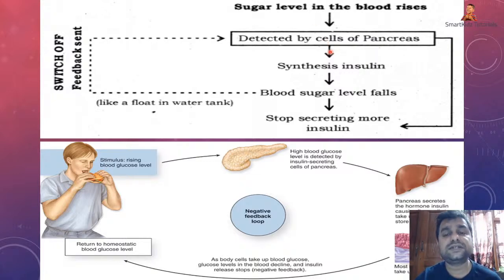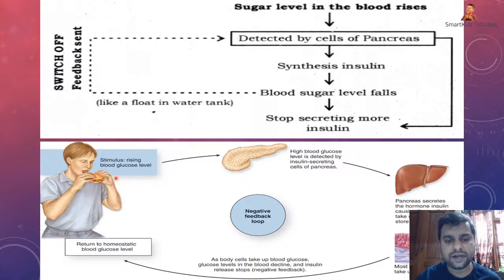Then the cells of the pancreas begin synthesizing enough insulin to counter or neutralize the excess sugar in the blood.